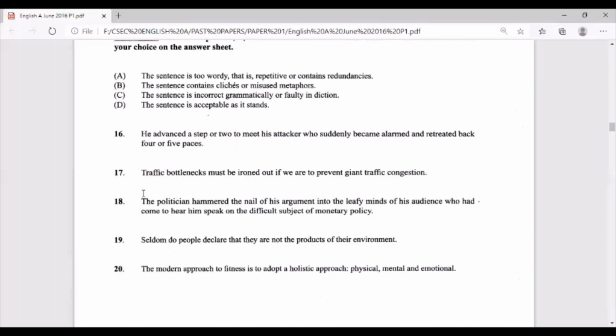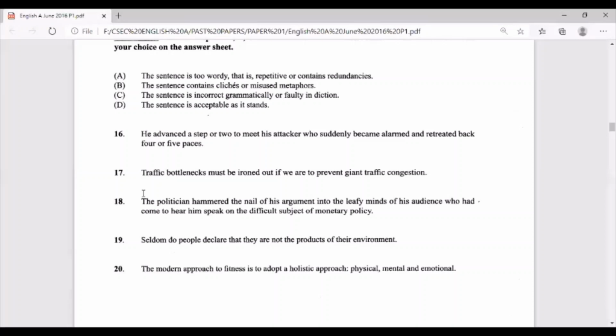Okay, into the minds of his audience, okay, into the ears of his audience, okay, but leafy minds, how does that work? And so we're thinking now that this metaphor was going so well, but it just didn't go very well after that. So my problem with it is the leafy mind, all right? So we're going to go with B.